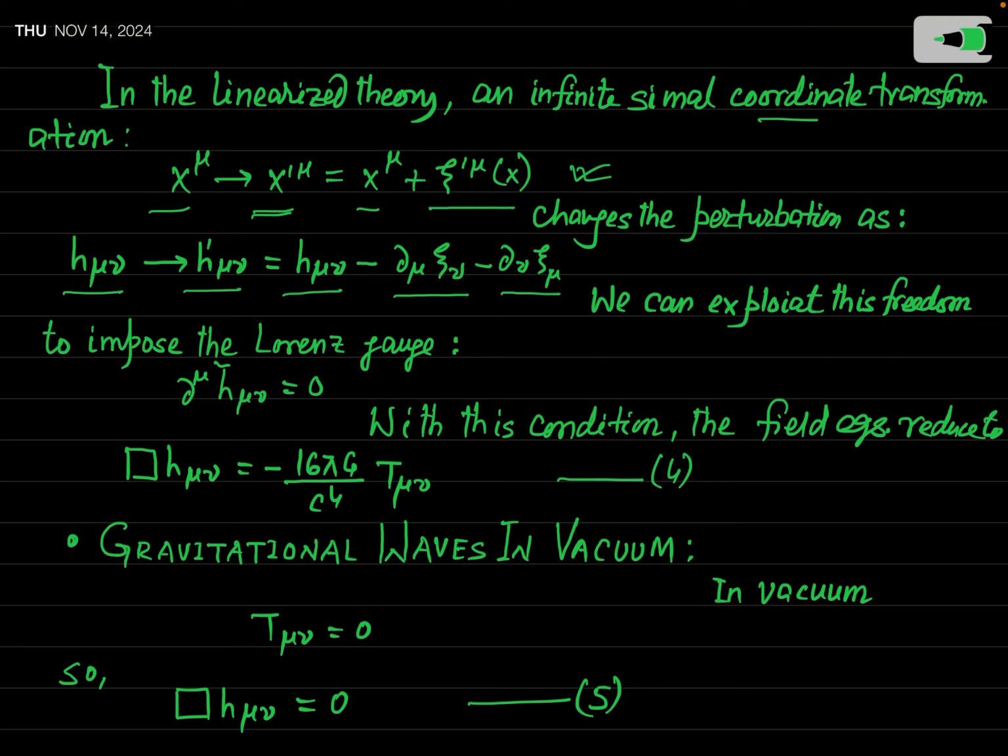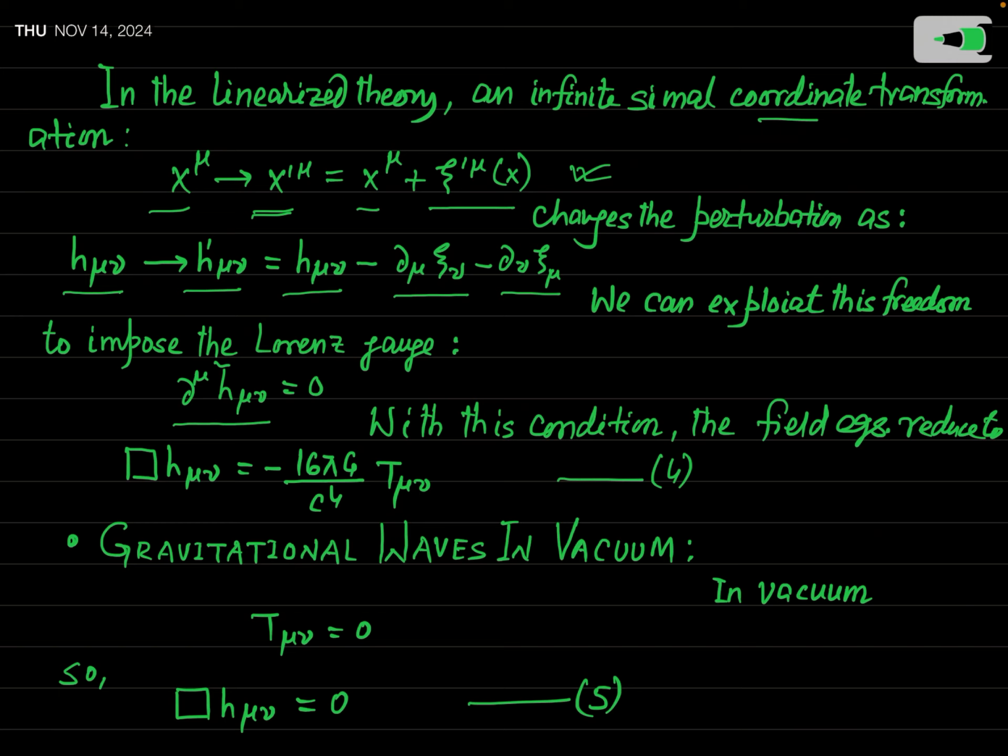In fact, this result is used to impose the Lorentz gauge, which is given like this: ∂^μ h_μν equal to 0. This condition is also called the Hilbert gauge condition, which is equivalent to the Lorentz gauge condition of electromagnetism. So I have used the term Lorentz gauge here.